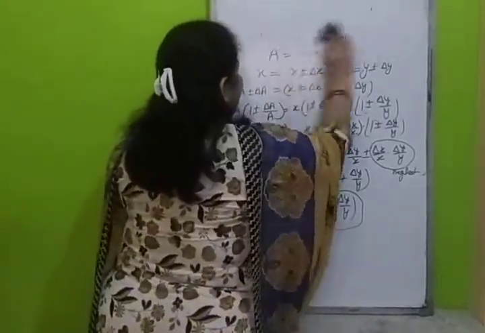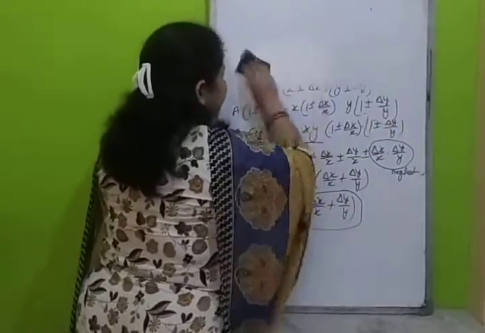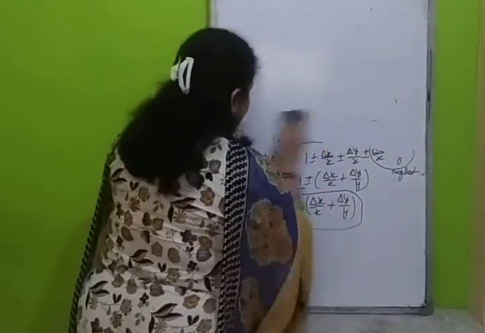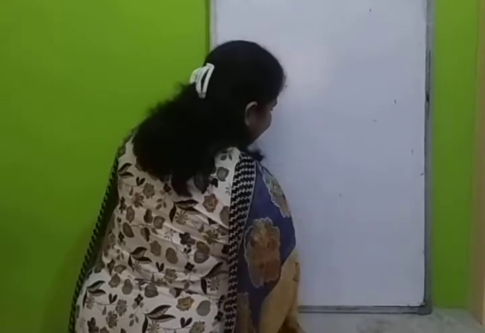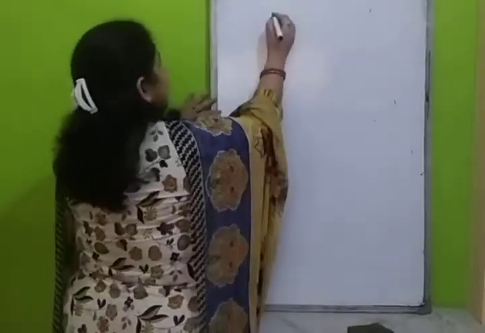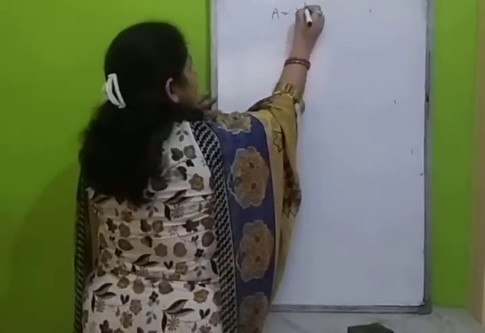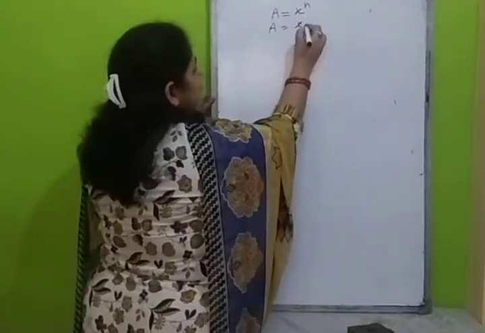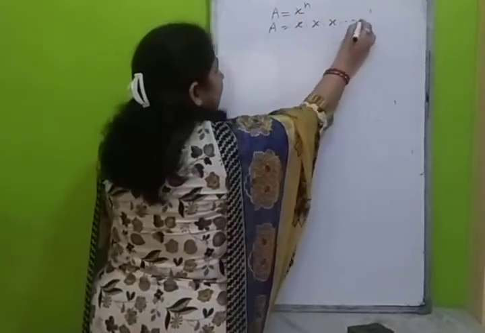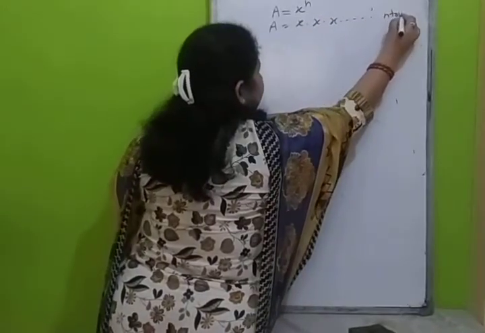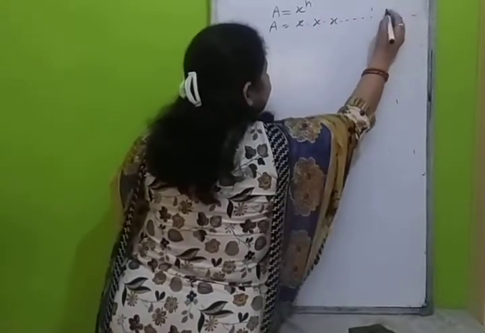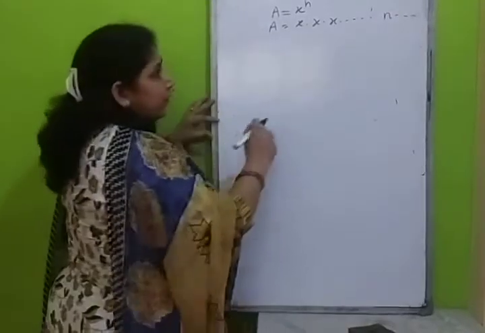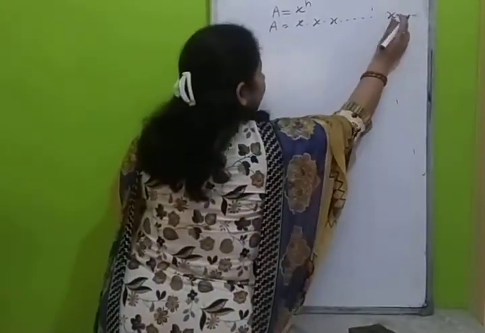Next, last topic of this. If we have a term with power, then what do we have? Suppose we have a power of x. A is equal to x to the power n. It means A is equal to x into x into x up to n terms. Got it?